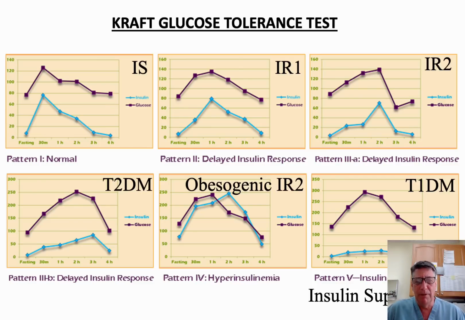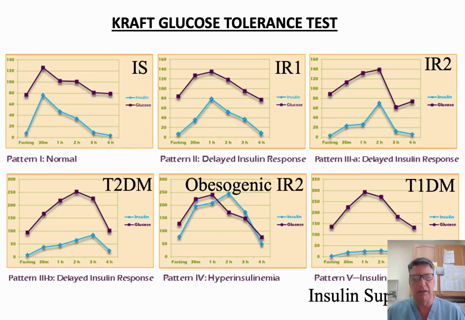Our obesogenic patients who have pretty close to zero risk of becoming diabetic are able to produce massive amounts of insulin. Their picture may look like they're an IR1 or IR2, but they do not go on to develop type 2 diabetes because they can produce massive amounts of insulin, and even their fasting insulin is very raised.